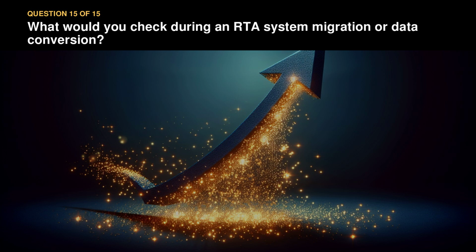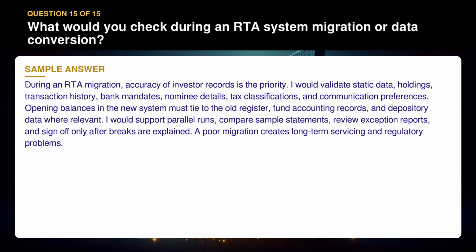Question 15. What would you check during an RTA system migration or data conversion? During an RTA migration, accuracy of investor records is the priority. I would validate static data, holdings, transaction history, bank mandates, nominee details, tax classifications, and communication preferences.